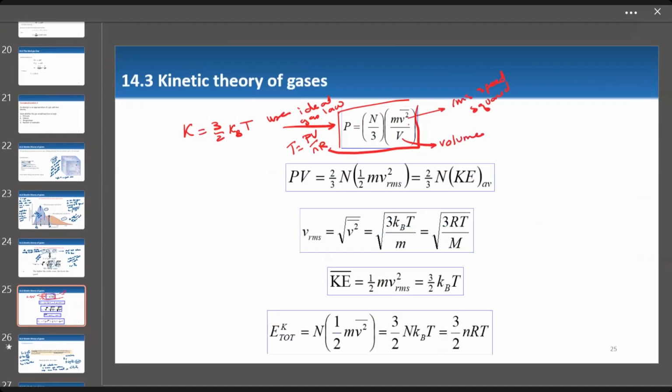So we can see a relationship between the pressure and the speed of the molecules as well. We can rearrange, bring this V to this side. We'll get PV equals all of this. And I can write this in terms of the kinetic energy. We have 2 over 3 and K average. All of these are always, as usual, given to you in the exam.